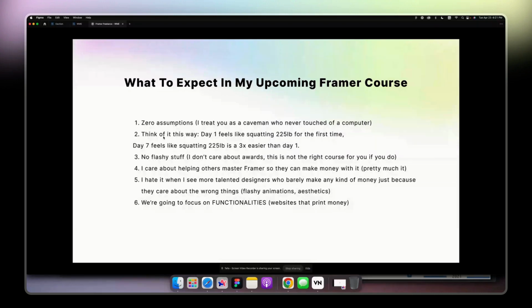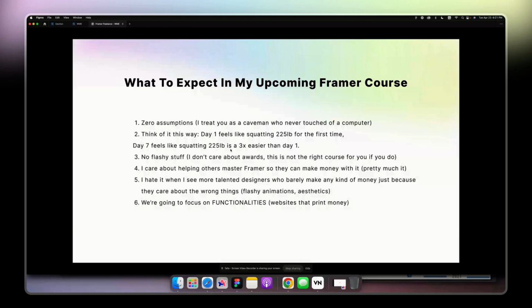And then, second point, think of it this way: day one of you taking my course feels like squatting two plates for the first time, 225 pounds. Then, day seven, which is the amount of days that I recommend you take the course, feels like squatting two plates is three times easier compared to day one.